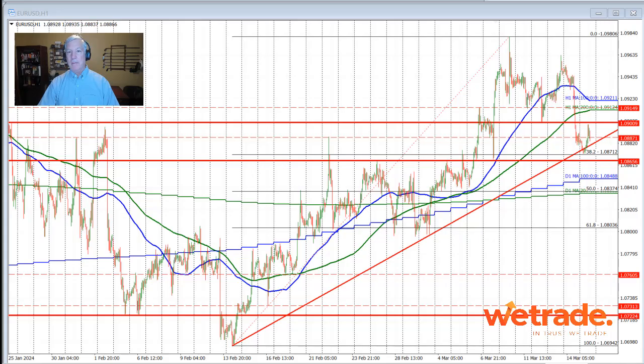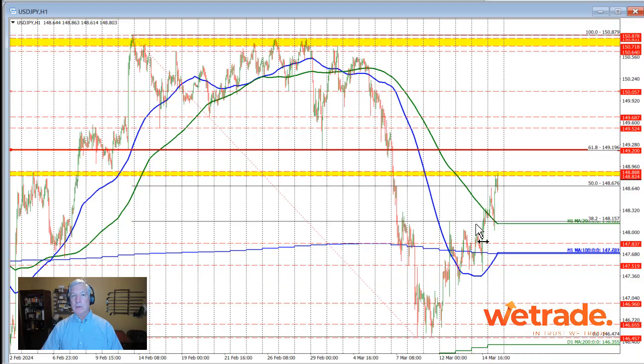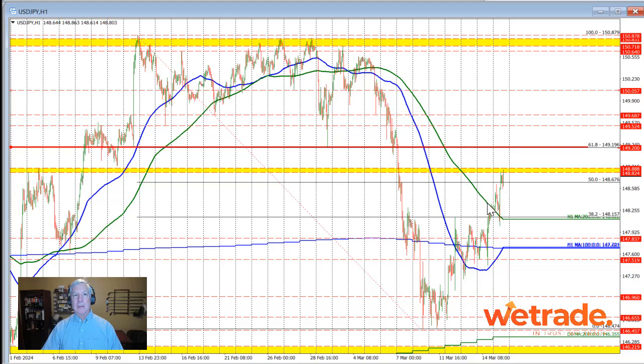Watch this area. Let's take a look at the dollar versus yen next, and we saw the dollar-yen move higher yesterday and this week. To be honest with you, we had a double bottom going down here last Thursday and Monday, and that started the rotation to the upside for this pair.